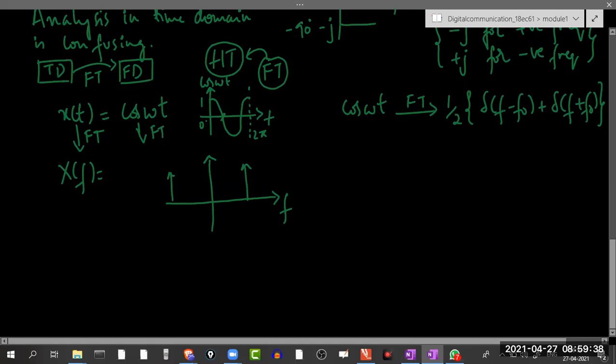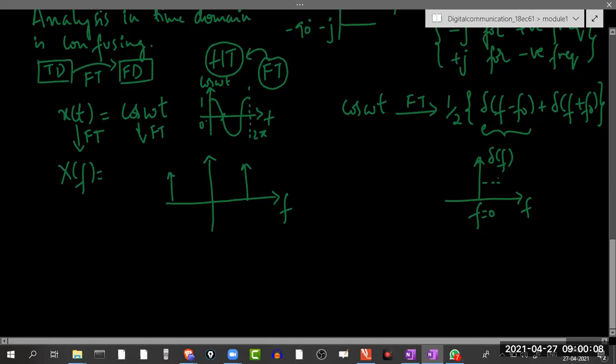The only thing is, if I take my very first impulse function, delta of f minus f naught, what is this? Impulse function, we all know it as something like this. It's defined only at frequency value equal to 0. But right now I can think of this delta f minus f naught as a frequency translated impulse function, such that it is somewhere at positive frequency.